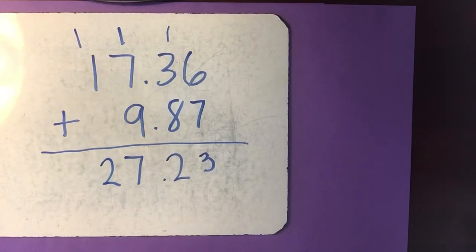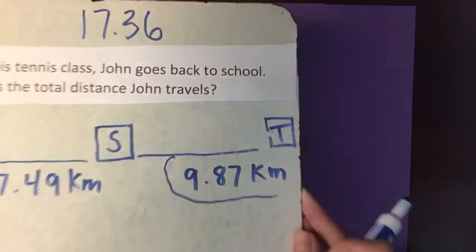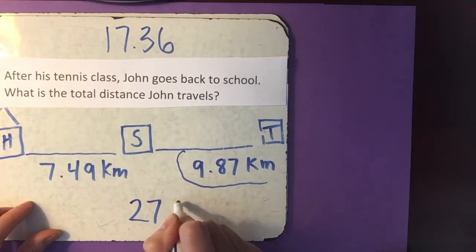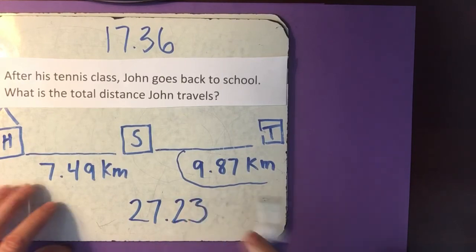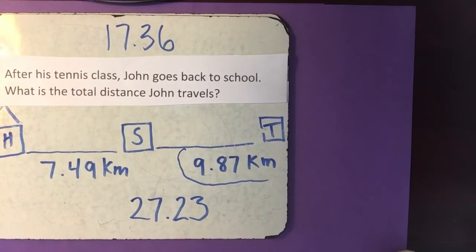And my answer is 27.23 kilometers. So to answer this question, my answer was 27.23 kilometers. I'm going to make sure that's what I wrote. Okay, so that's the final answer.